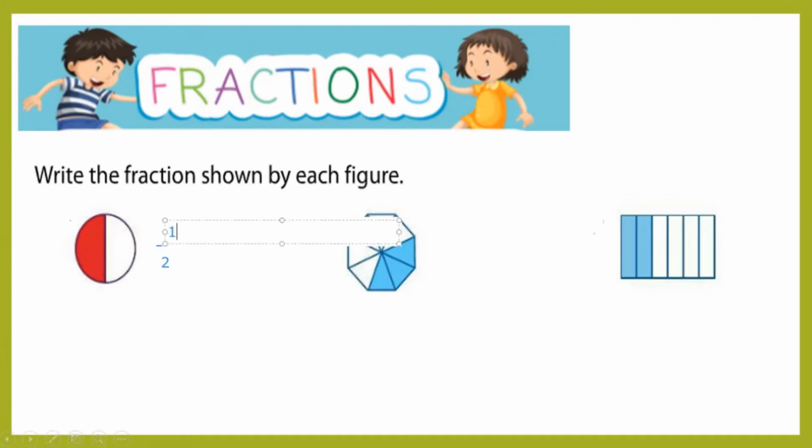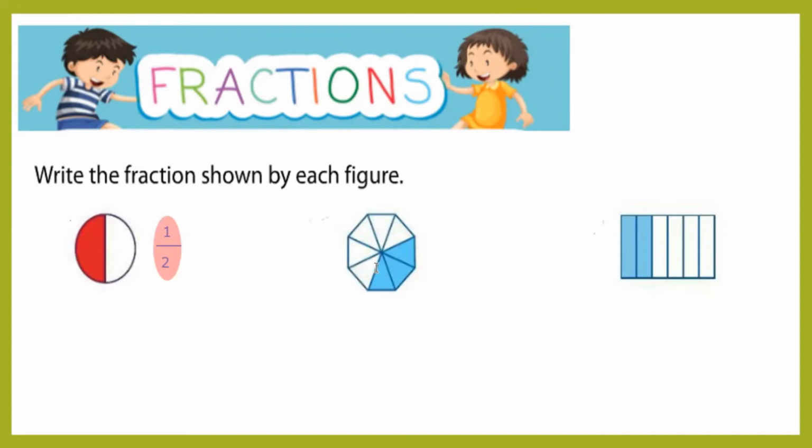So I will put 1 up. What's this, teacher? This is called a fraction. How can I name this fraction? I can say that I have 1 out of 2, 1 over 2, or half. This shape has two halves, 1 half and 1 half.